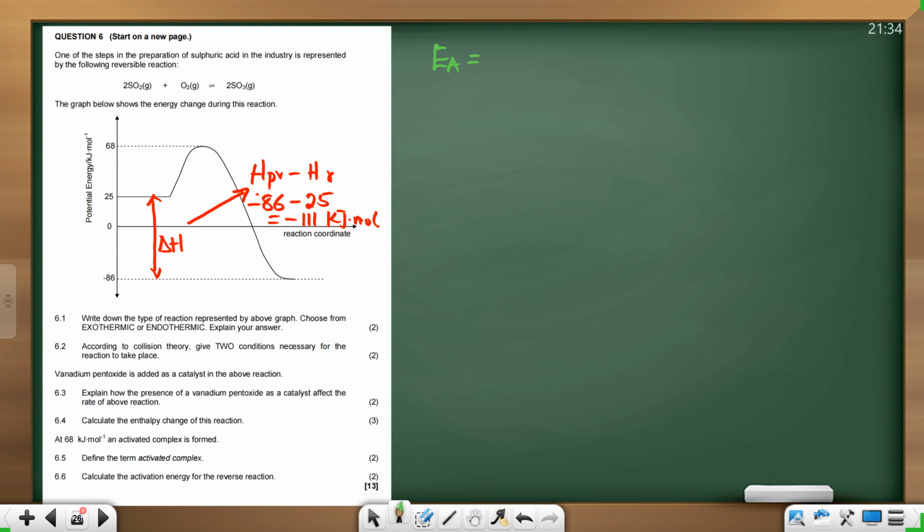Anybody wants to give me the value? I'm glad you guys did not say 68. Thank you very much. It is 68 minus 25, 43 kilojoules per mole. Now, this is for the forward reaction. What is the EA for the reverse?